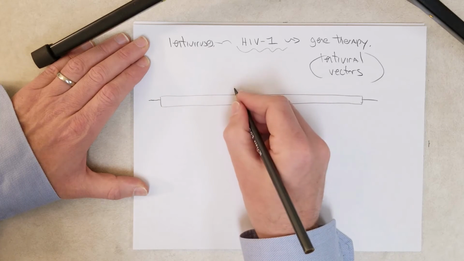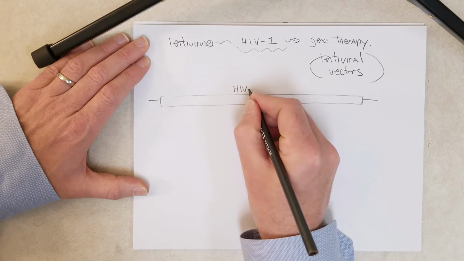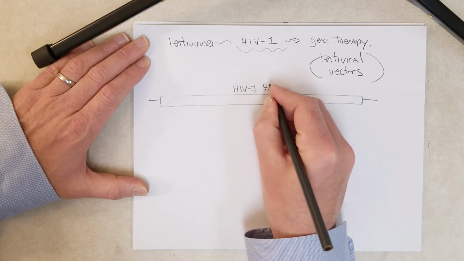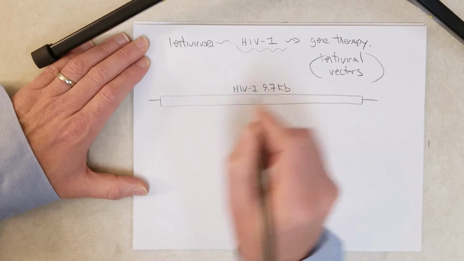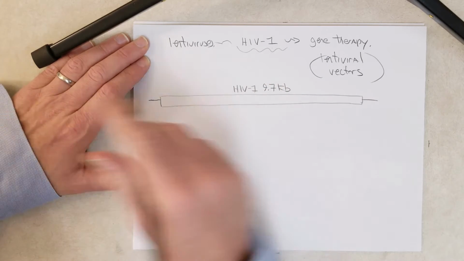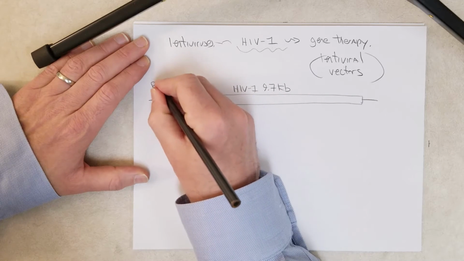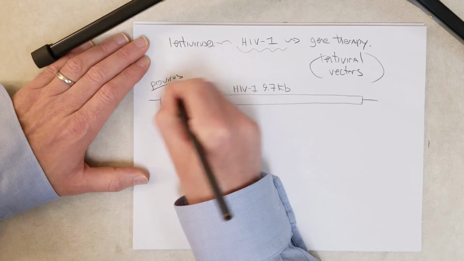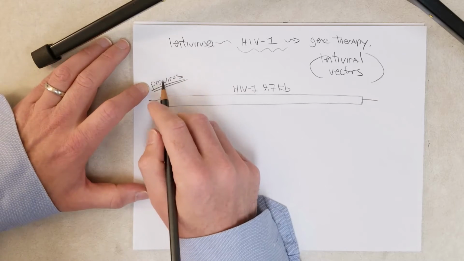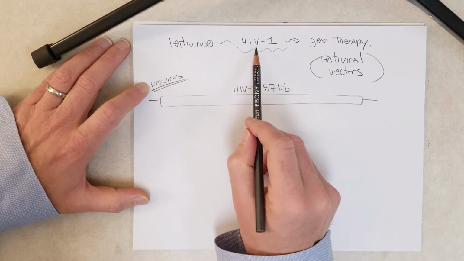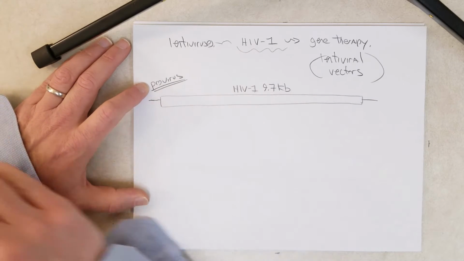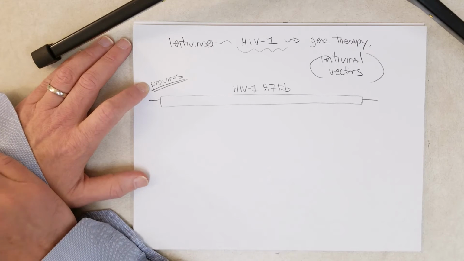So the HIV-1 genome is 9.7 kilobases, so 9,700 base pairs. I'm going to talk about the provirus first. Provirus is the word we use to describe the HIV-1 genome when it is integrated into, say, the human genome, so in the DNA state.